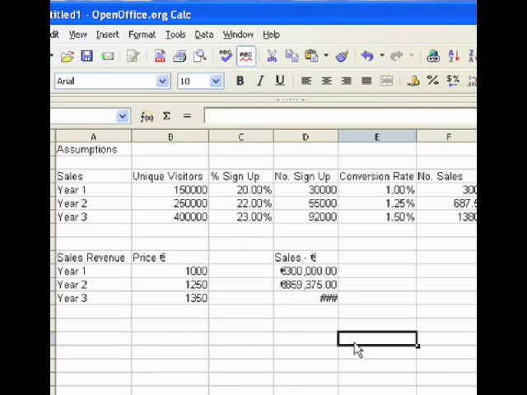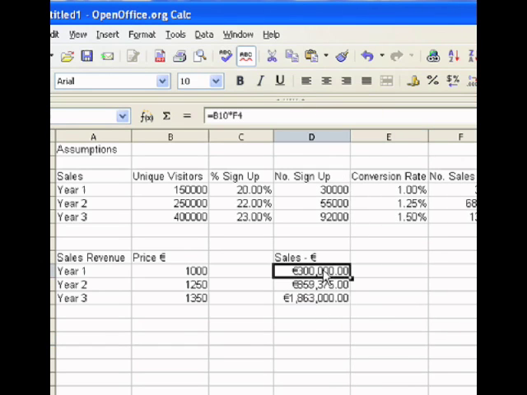And what we'll do now is we'll move on and look at putting our sales assumptions into our profit and loss account. So we have to open a new sheet and rename it profit and loss.